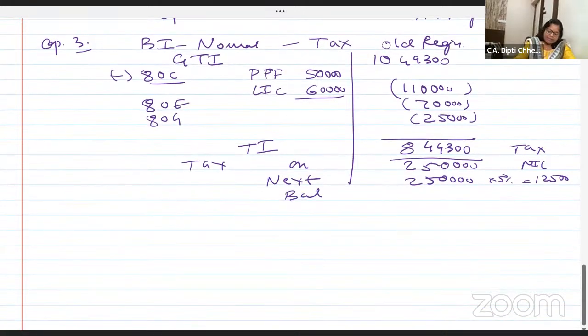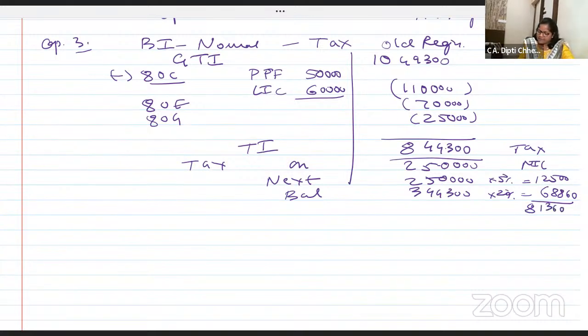On balance 3,44,300, 5 lakh से 10 lakh तक, 20%, and that comes to 68,860 plus 12,500, 81,360. ये तो टैक्स आ रहा है, प्लस 4% सेस. 81,360 into 4%, 3,254.